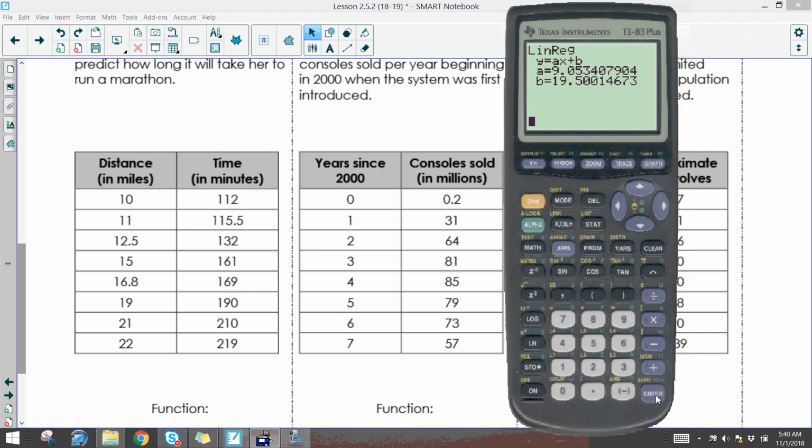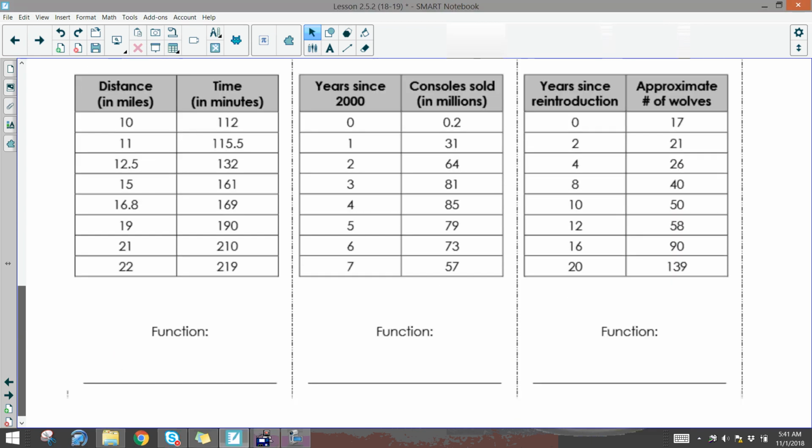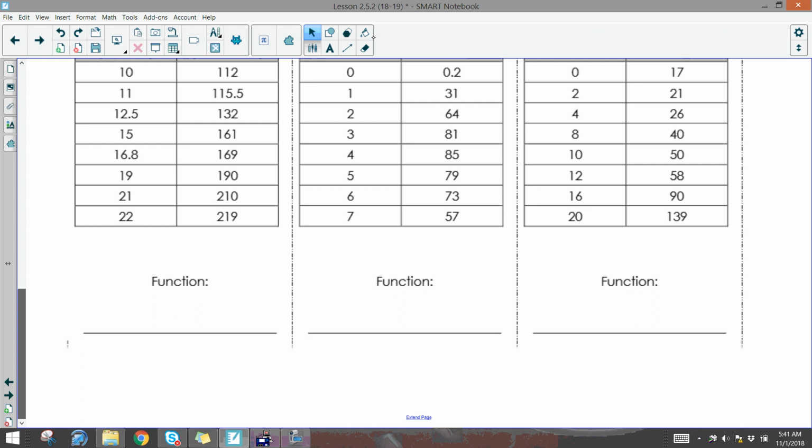So notice, you guys remember ax plus b, that's the same thing as mx plus b. So we have 9.05, definitely go with 2 decimal places here. 9.05x plus 19.50. So your line of best fit goes down here.